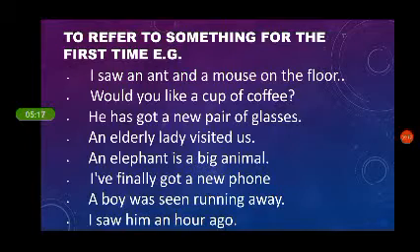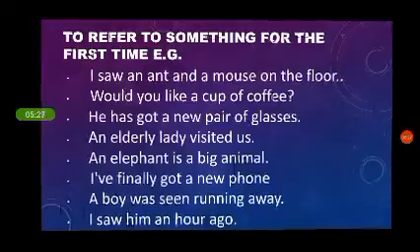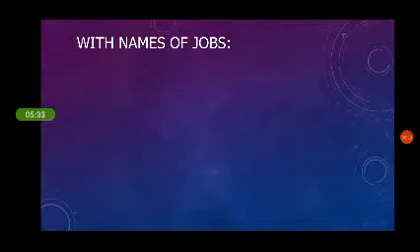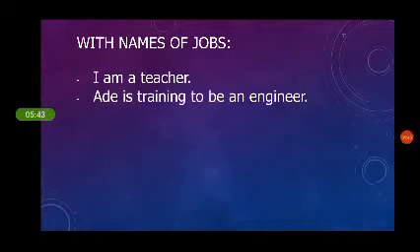Okay, so when we want to refer to something for the first time, we use a or an as we have in the sentences I have given. Let us continue. We also use a or an with names of jobs. Okay, the kind of work that people do. We use a or an. I am a teacher. Ade is training to be an engineer.